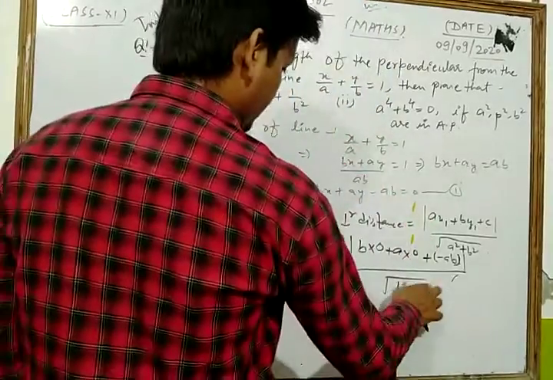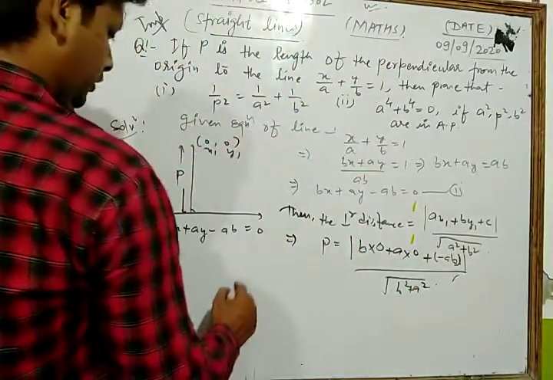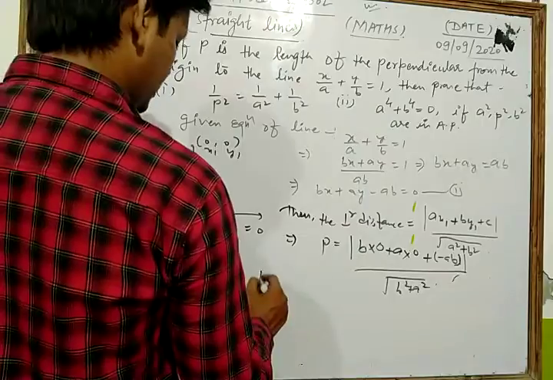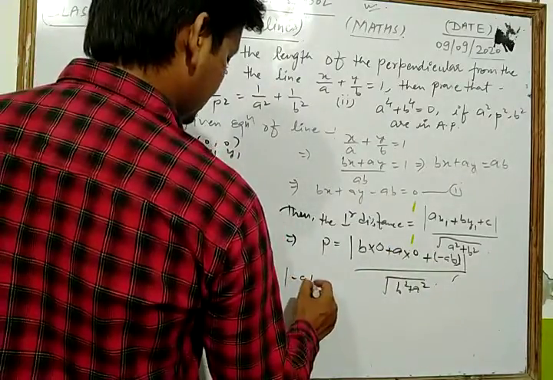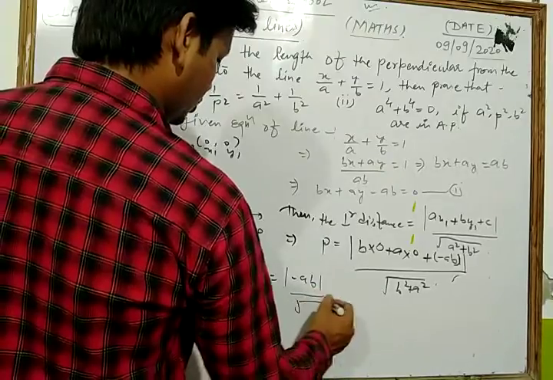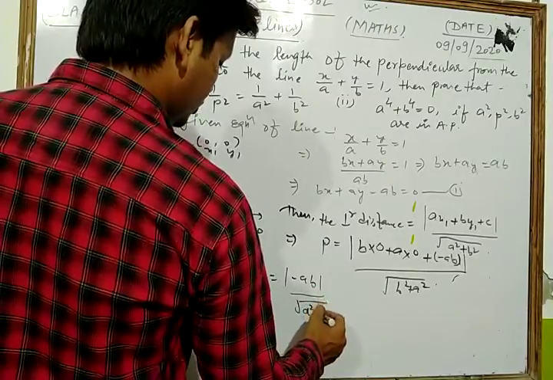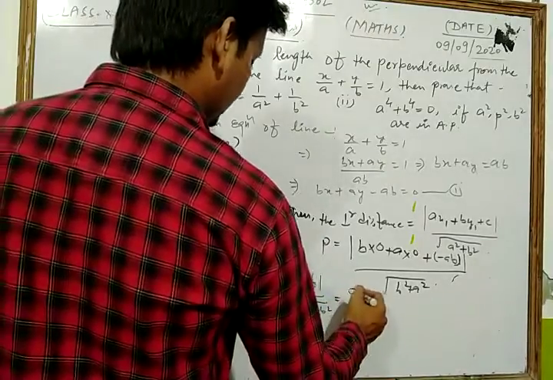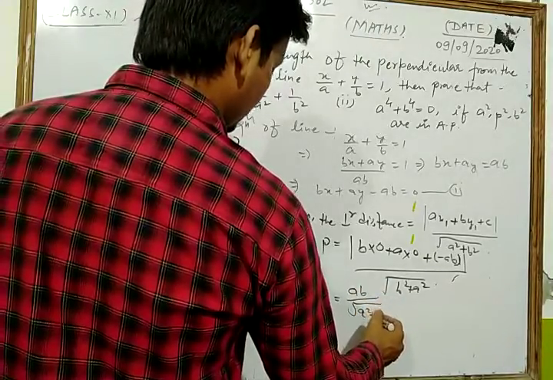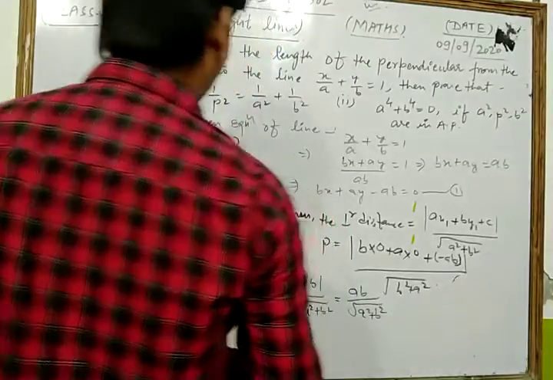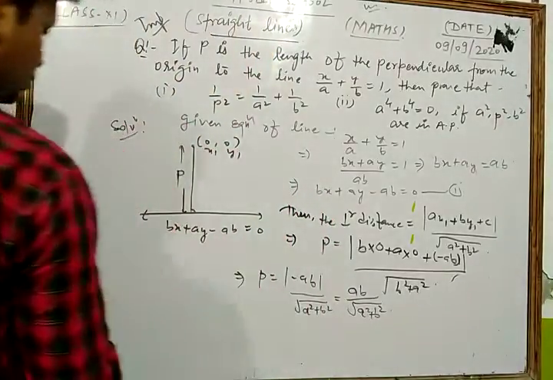Now here we have p is equal to mod of minus ab upon under root a square plus b square. So we can write it as ab upon under root a square plus b square. Now we are squaring both sides.